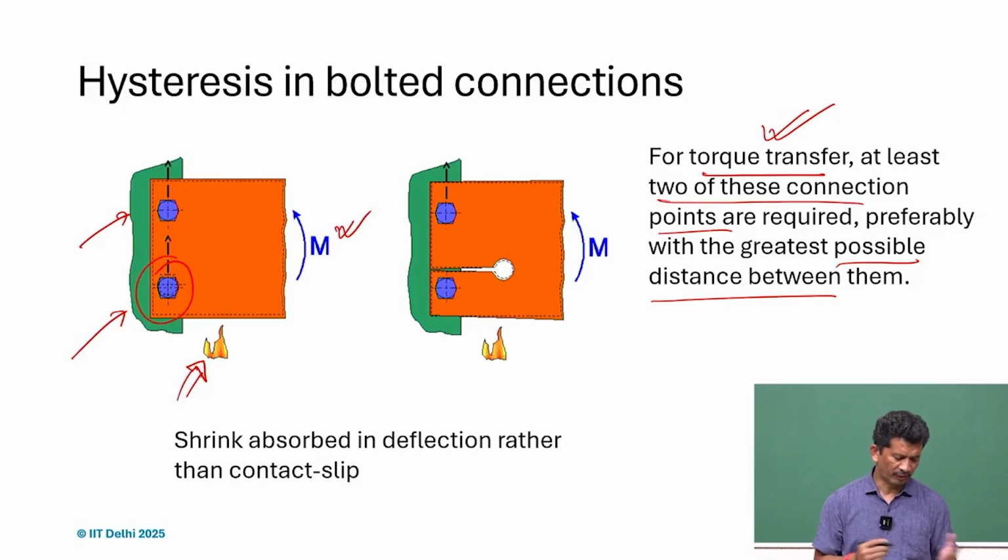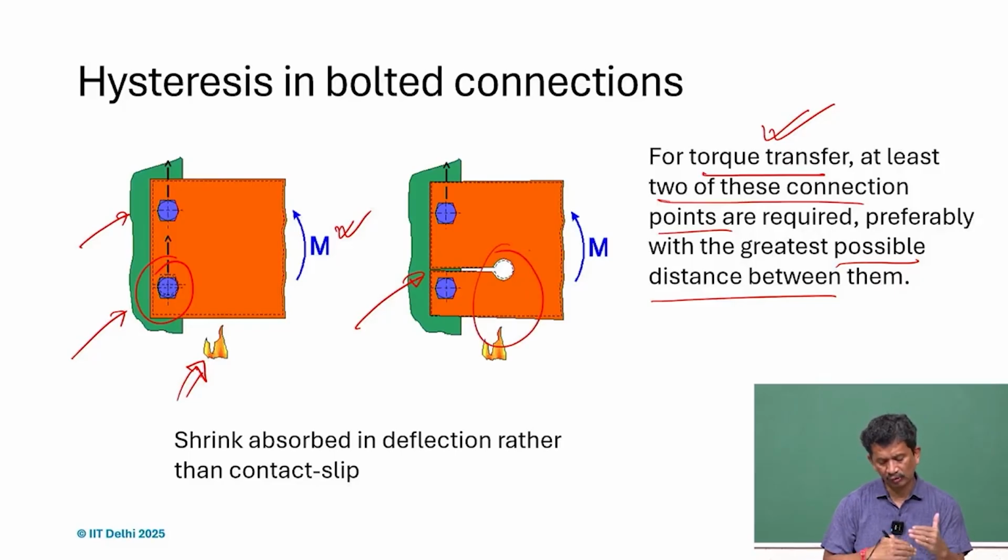So the best way is simply to make a cut here and then make an elastic joint, or make it deform. So if there is any change, this body will deform and readjust.